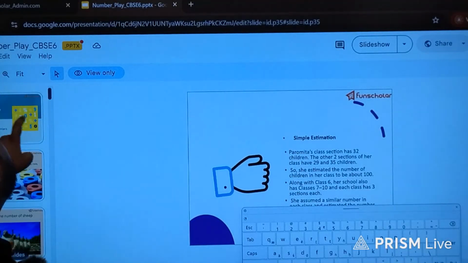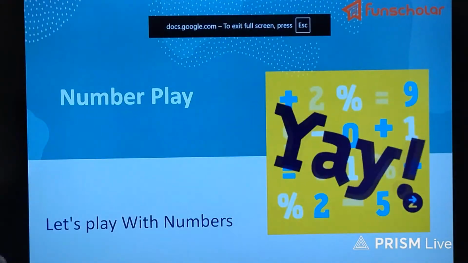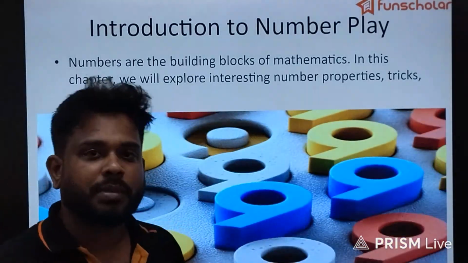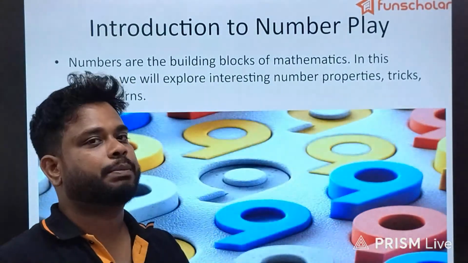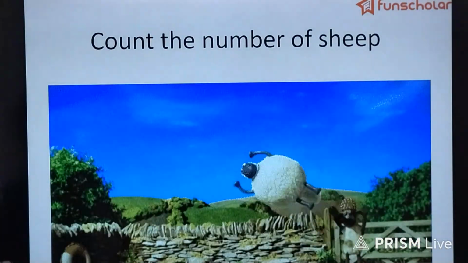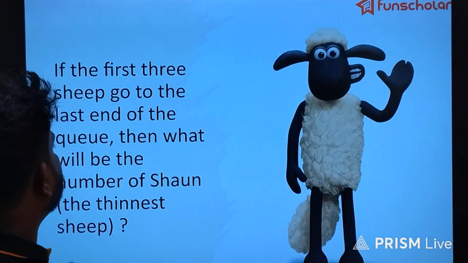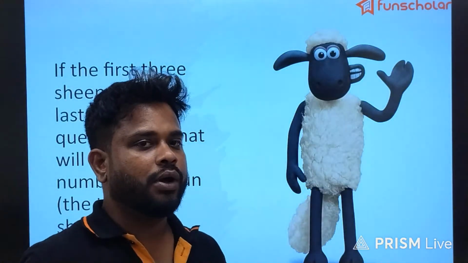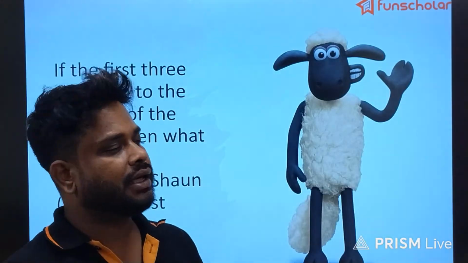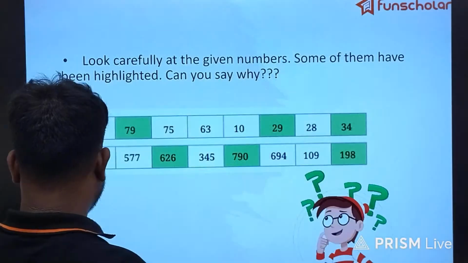So, a quick recap of this chapter. The chapter is Number Play, and if we start recapping, the numbers are the base of mathematics, by which we learn the chapters in mathematics in detail. Then we counted the shapes, and we learned how we can flip the numbers or arrange the numbers to play with them.